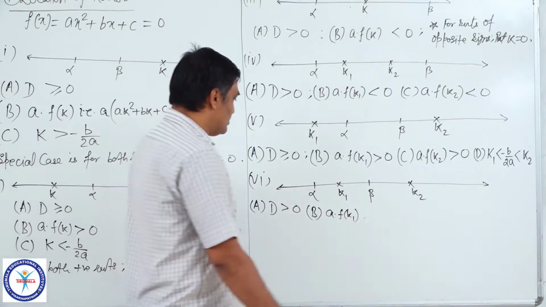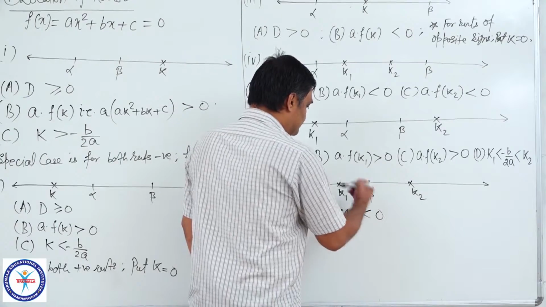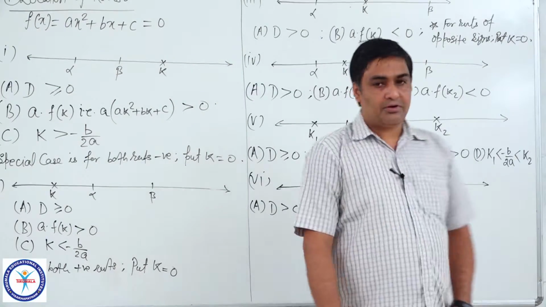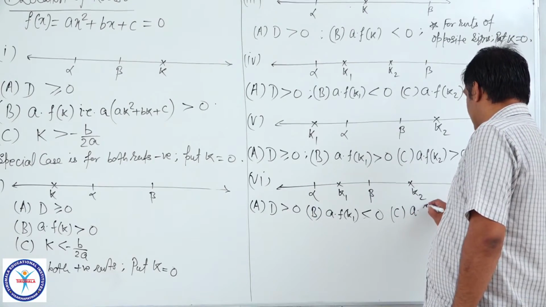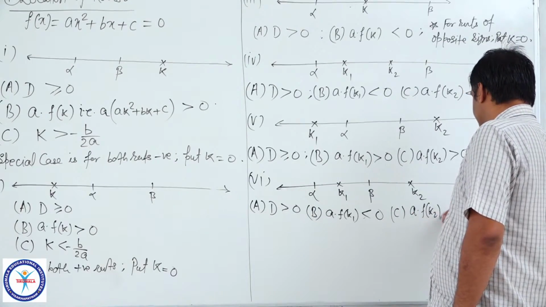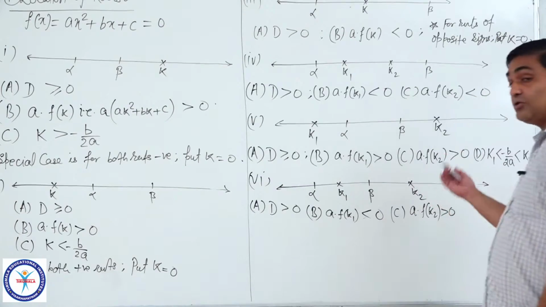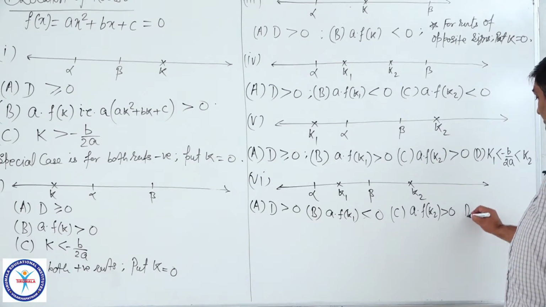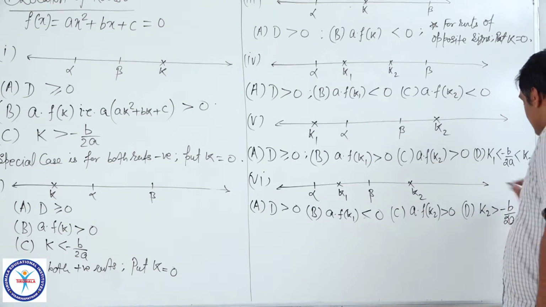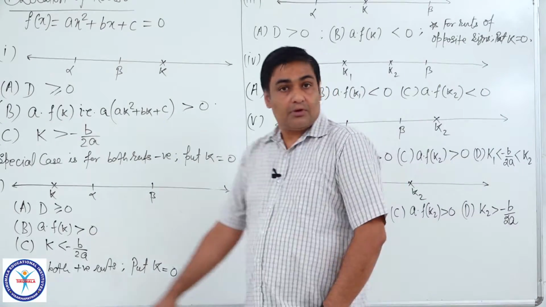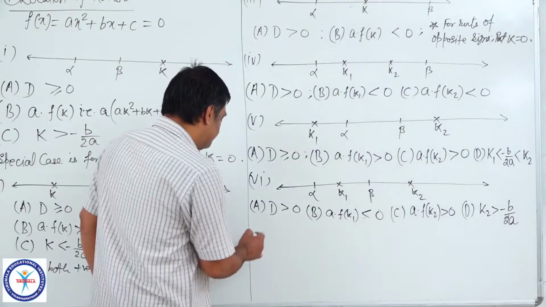K1 is in between the roots, so less than 0. What is a into f of k2? Greater than 0, k2 is outside the roots. And one more condition is k2 greater than minus b by 2a. Okay.